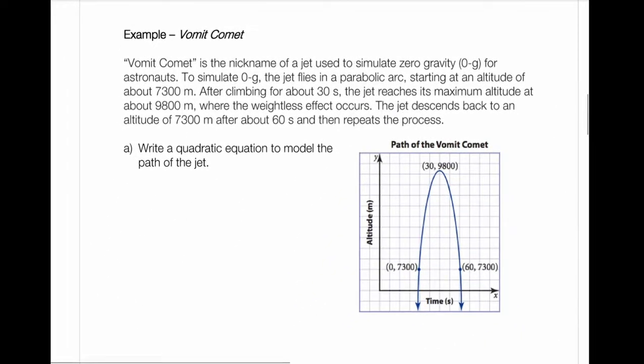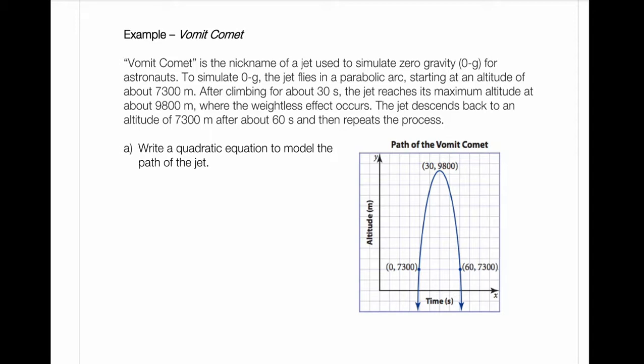Moving to the next example, based on the vomit comet. This is the nickname for a jet that's used to simulate zero gravity, or zero G, for astronauts. To simulate zero G, the jet flies in a parabolic arc starting at an altitude of 7,300 meters.